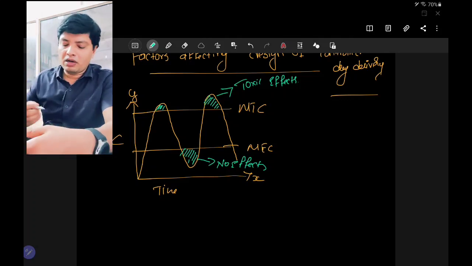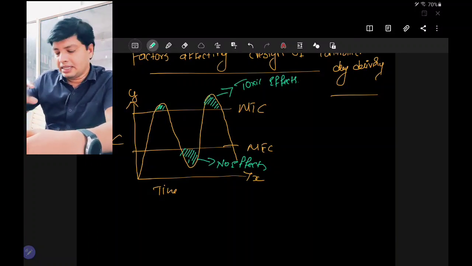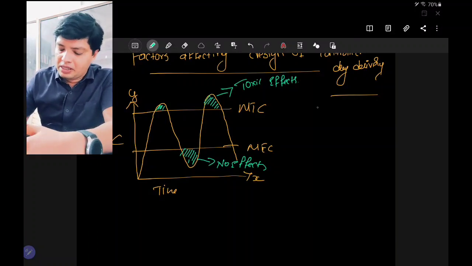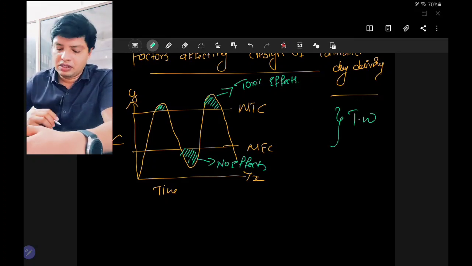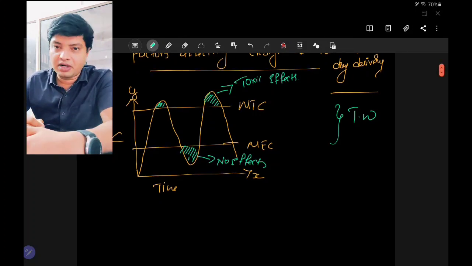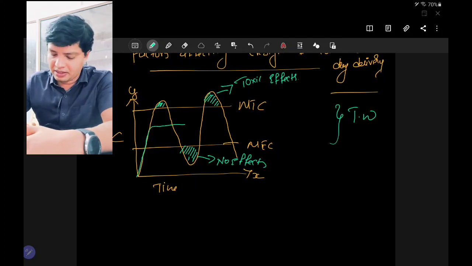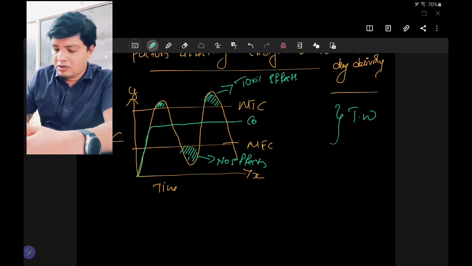So to avoid this, what we want to do is keep the plasma drug concentration in this therapeutic window. This window we call the therapeutic window. I need to keep that. So we have controlled drug delivery where the rate of release of drug is zero order. Its plasma drug concentration profile will be like this.